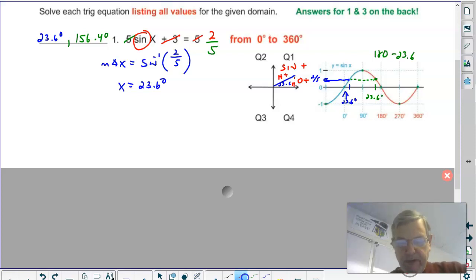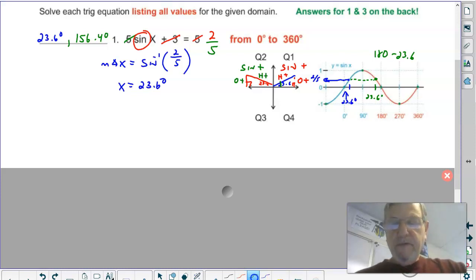Now, it's imperative that you know the other quadrant where the sine is positive, and the answer is quad 2. So now I take this same reference triangle, 23.6. This is why we learn reference triangles. Again, notice how the opposite is positive and the hypotenuse is positive.